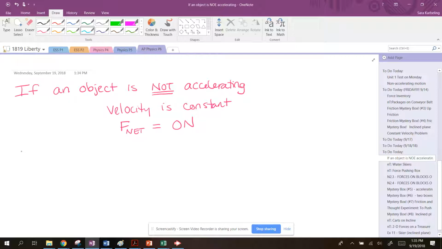Let's do the other half of the story today. If an object is accelerating, what do you know about its velocity? Its velocity is changing.